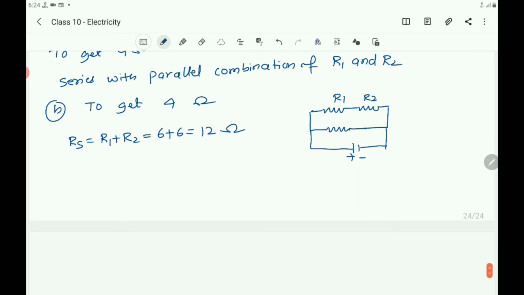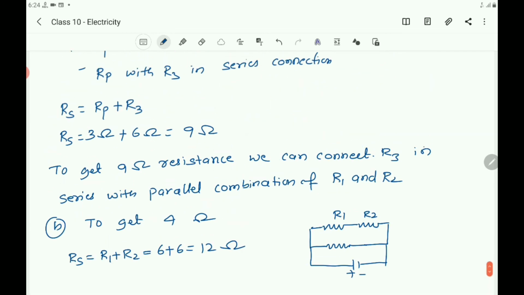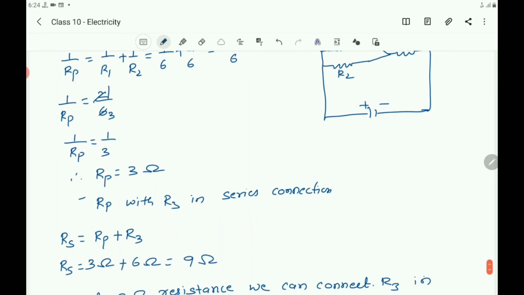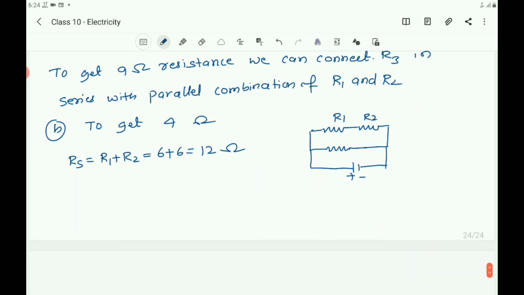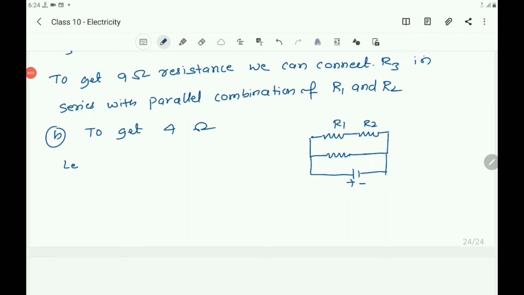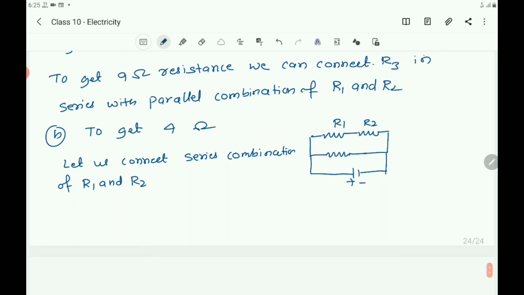Let us connect the series combination of R1 and R2 in parallel with R3.